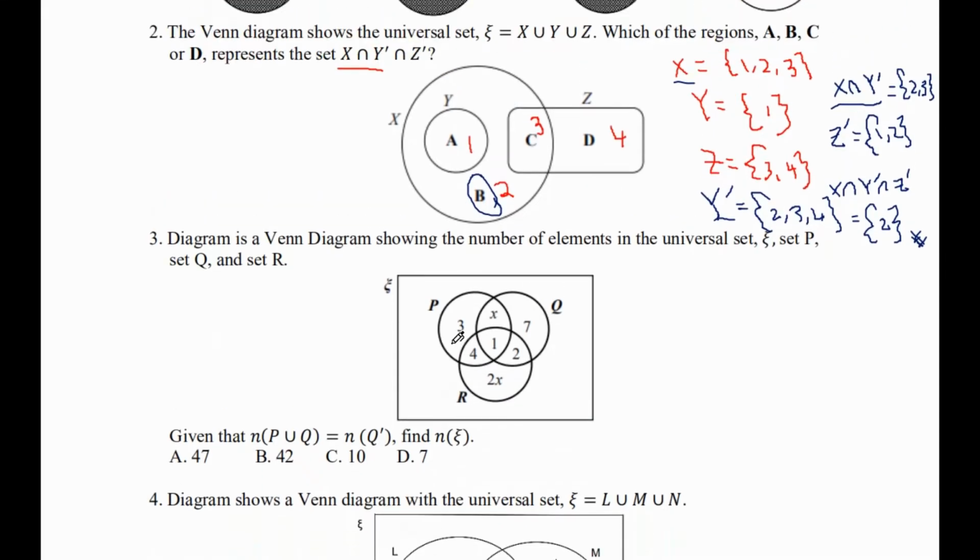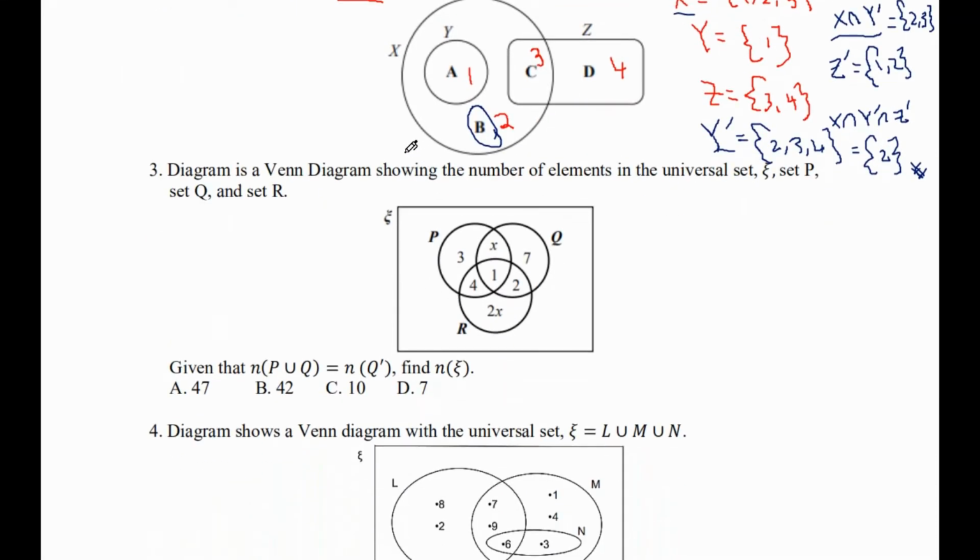Number 3. The diagram is a Venn diagram showing the number of elements. Given that the number of elements in P union Q equals the number of elements of Q prime, find the number of elements in the universal set.